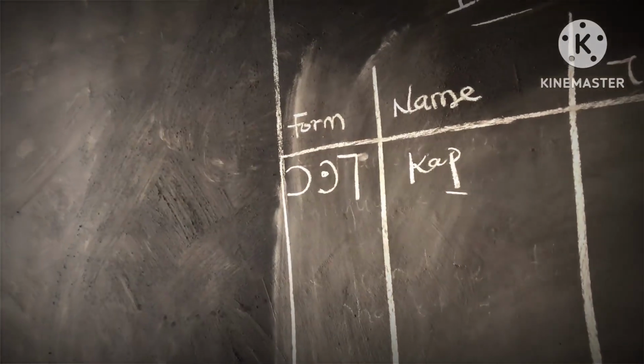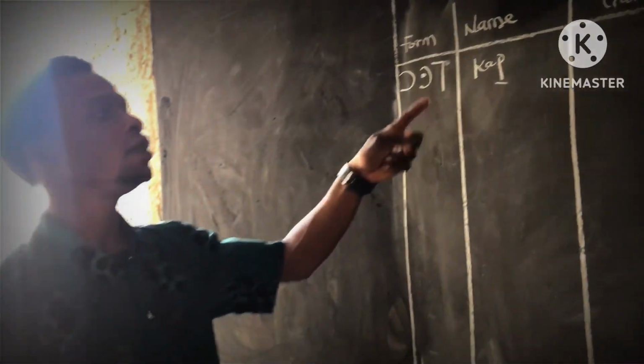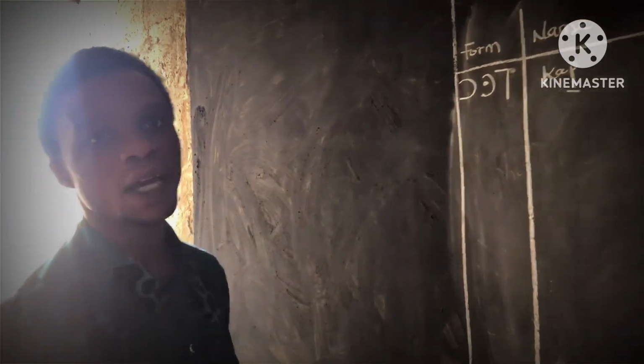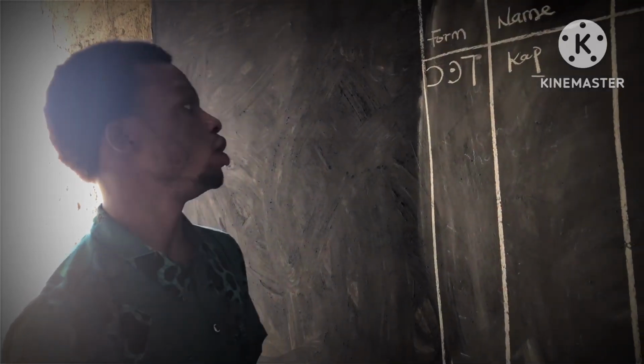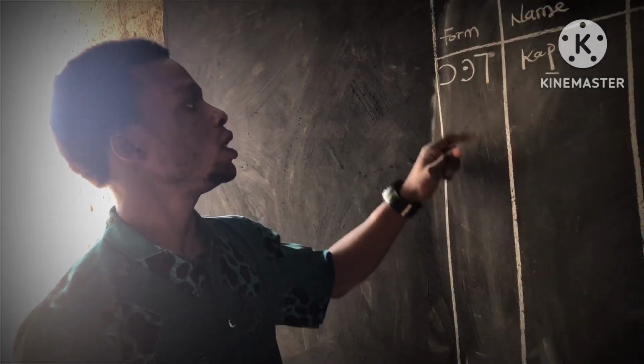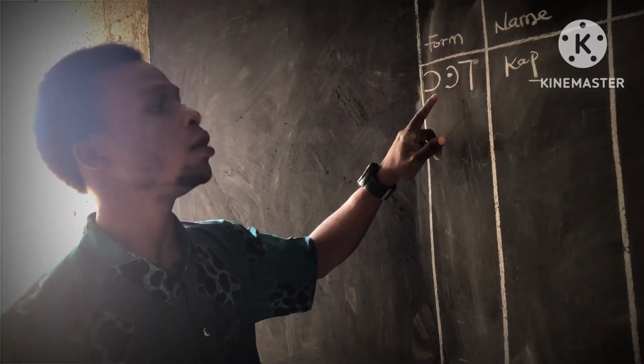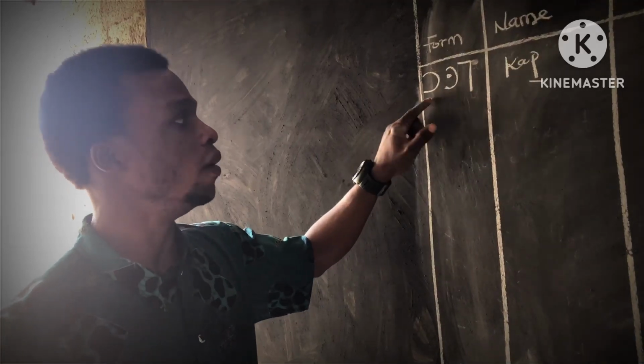So when Kaf appears at the end of a Hebrew word, it will take the final form. But if it appears at the beginning or the middle, it takes either of these depending on the usage.